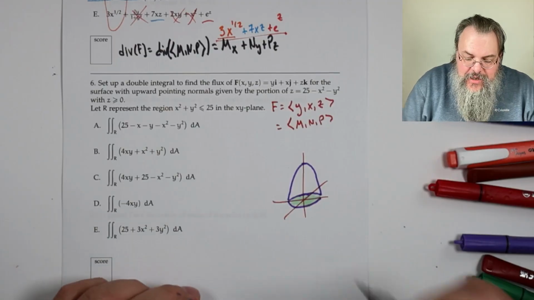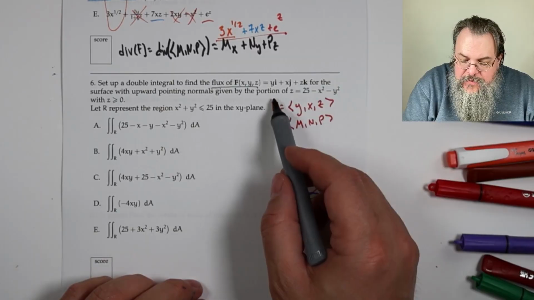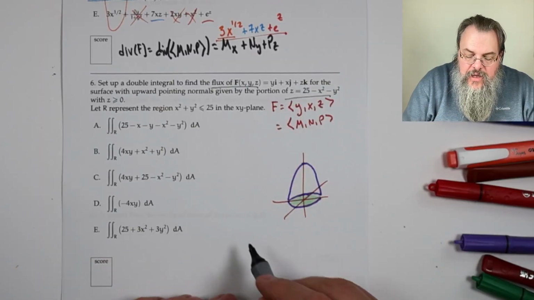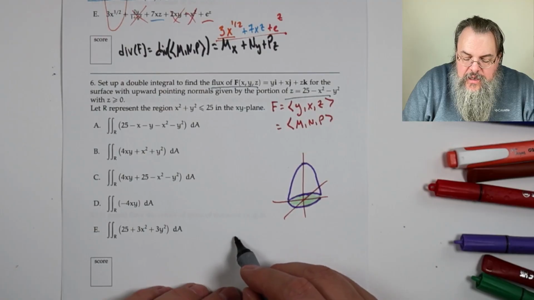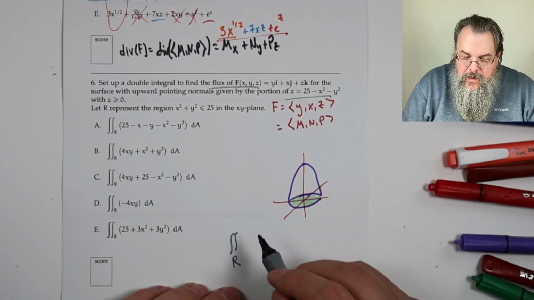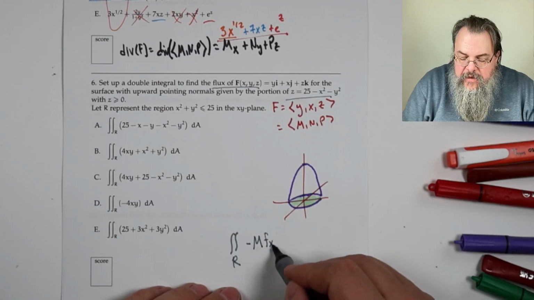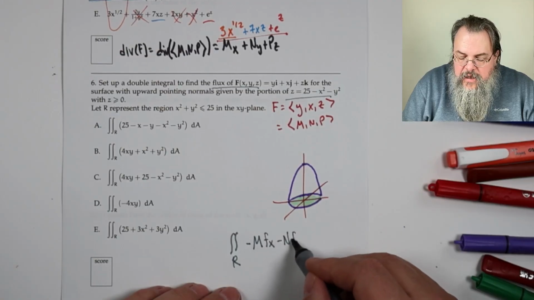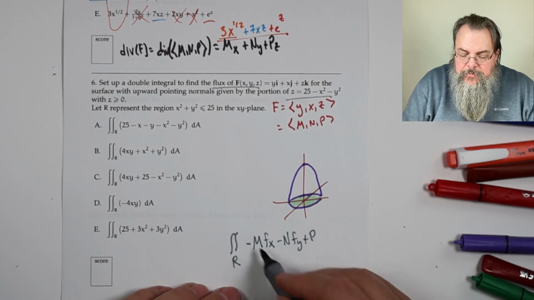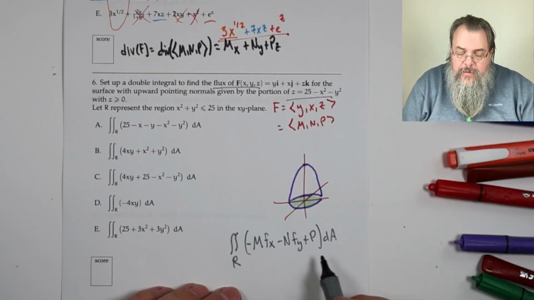So, in particular, if you have a flow through a surface, then what you say is, lo and behold, it becomes the integral over your region of minus M f_x minus N f_y plus P. Now, where are all these things coming from?